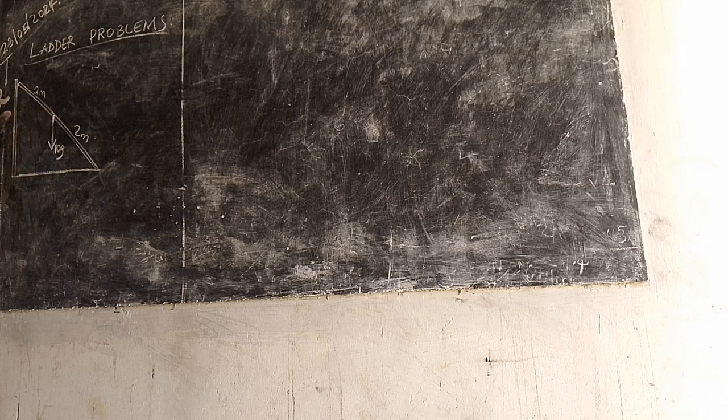So what are they asking? Here, of course, they have said there is a string pulling the ladder towards the wall, yes? So of course, in the string, there must be tension.